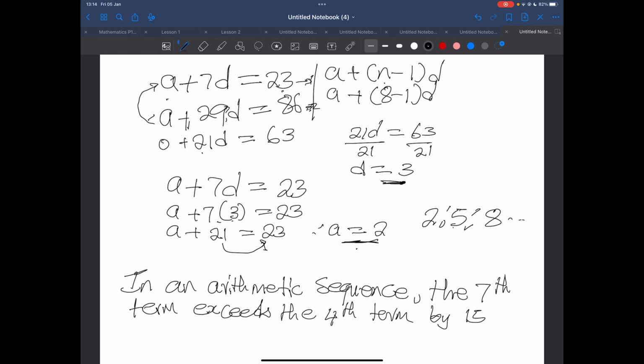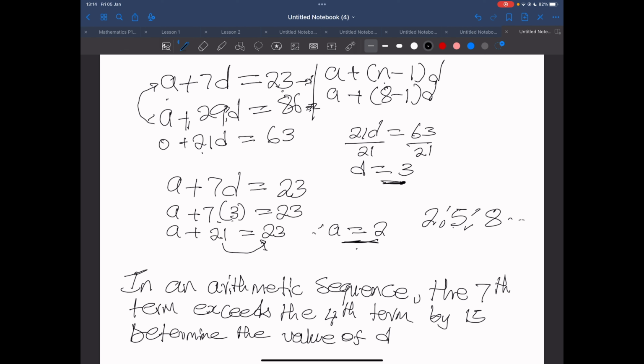So determine the value of d. That's number one.